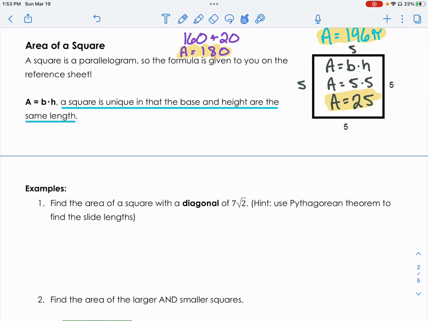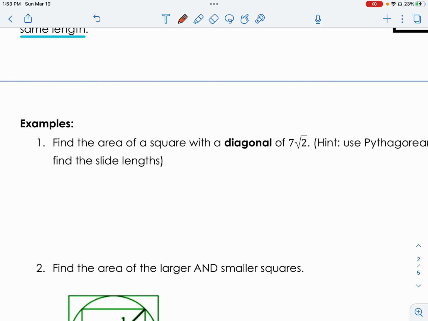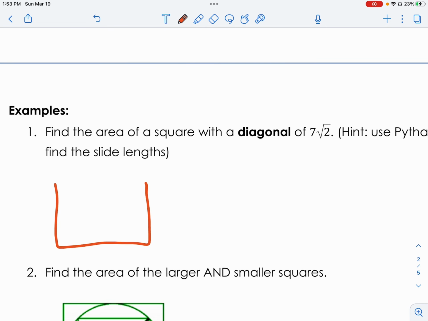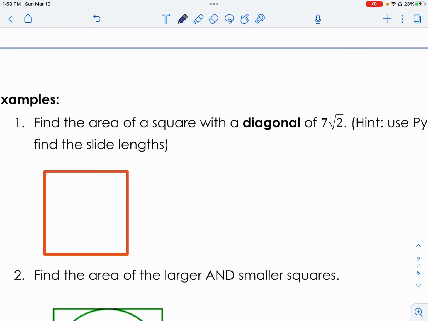So what if we are, though, given a square and they tell us the diagonal? So let's go ahead and start by drawing a picture here. If I draw a square, that's more of a rectangle. If I draw a square and they tell me that the diagonal, which I'm going to put in blue here, cuts right through here.